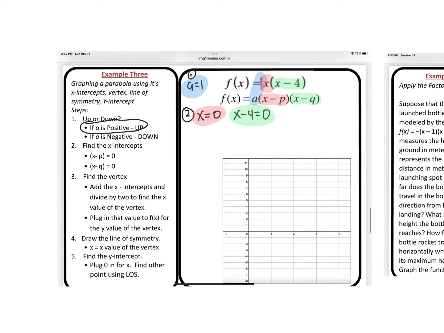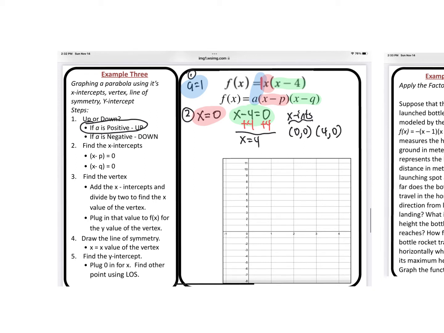For the part highlighted in green, when we add 4 to each side, we have a little bit of algebra, and so x equals 4. That means our x-intercepts are the following: from the red part, 0, 0, and from the green part, 4, 0.